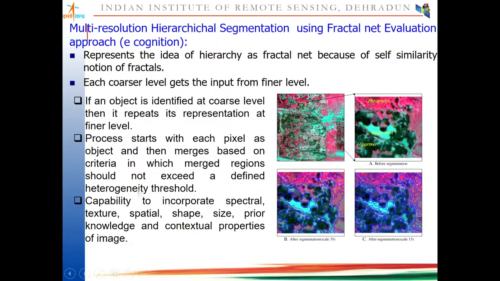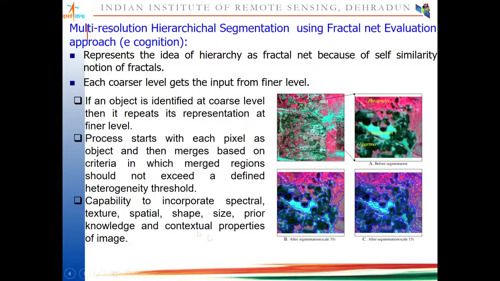So the heterogeneity threshold is defined and it merges based on this criteria and goes on merging till that is not exceeded. It is within the threshold. Now this multi-resolution hierarchical segmentation based on the fractal evaluation approach has the capability to incorporate spectral, textural, spatial, shape, size and a priori knowledge along with contextual properties of the image.